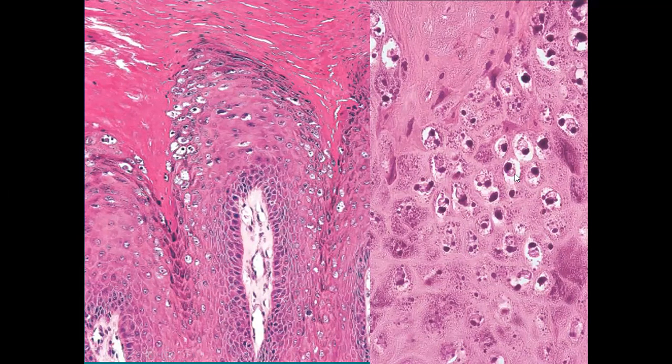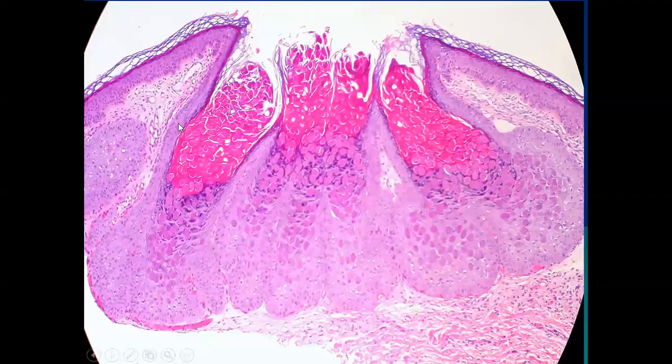That is, they are associated with viral inclusion bodies, which are present both intranuclear and intracytoplasmic, as well as a halo around these nuclei. So presence of coilocytes in stratum granulosum points towards the diagnosis of viral wart. It can be a hyperkeratotic wart, like a common wart, a filiform wart, or a plane wart, in which there will be coilocytes, but there will be a very small, thin layer of coilocytes.